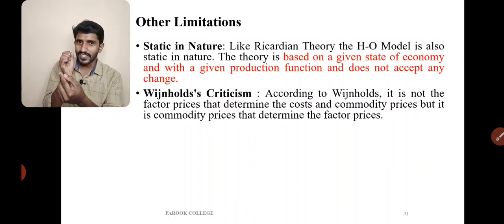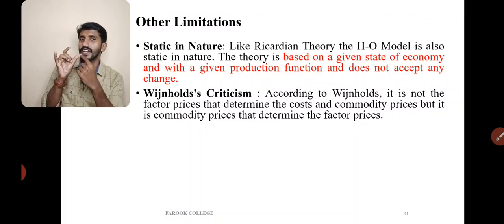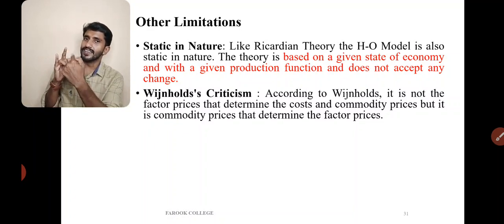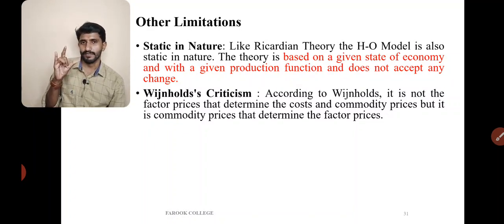In HO theory, what we have said is that capital is abundant, that's why X is cheap there. Labor is abundant, and labor is very cheap. So with that cheap labor, they are producing X, and X is also cheap before the trade.